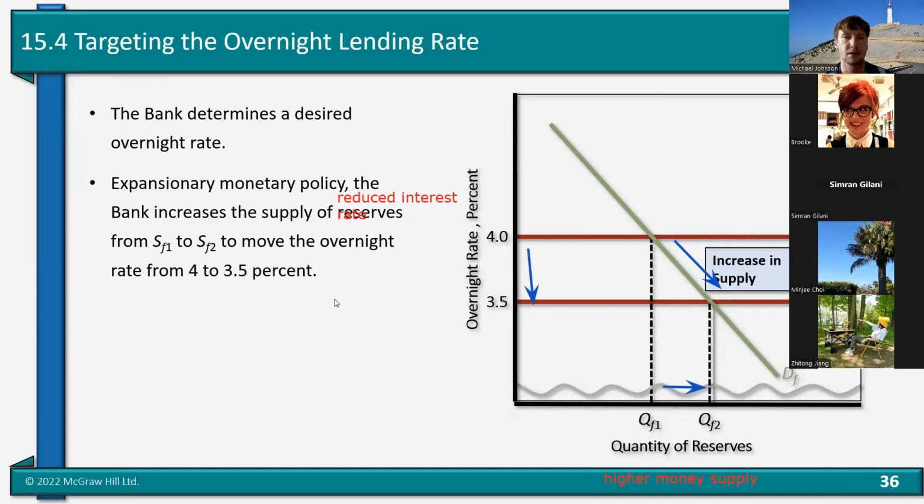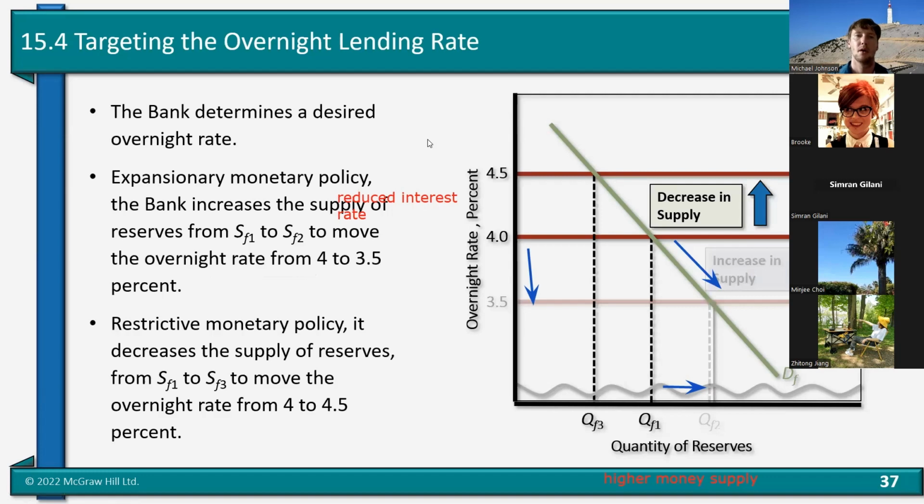Expansionary monetary policy: the bank increases the supply of reserves from SF1 to SF2 to move the overnight rate from 4 to 3.5%. So the overnight rate goes down with a higher money supply. The Bank of Canada determines the desired overnight rate.